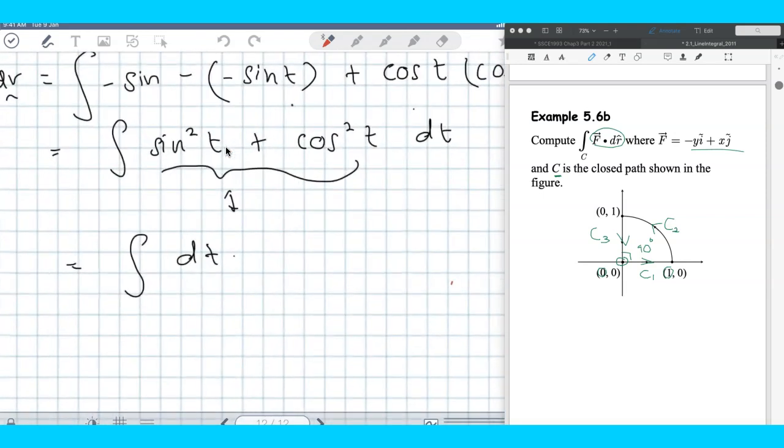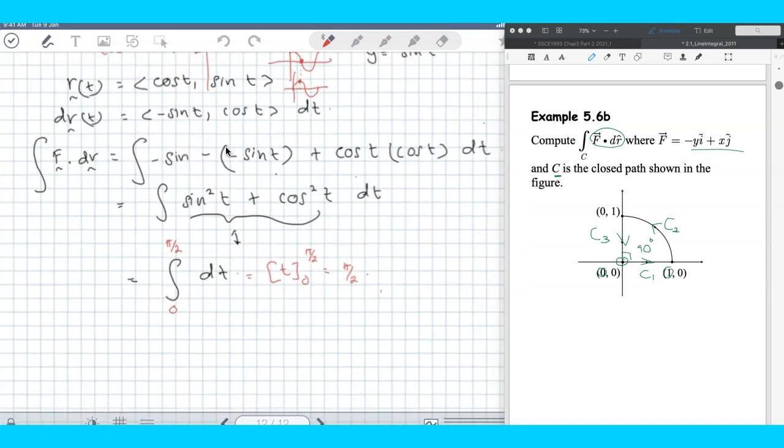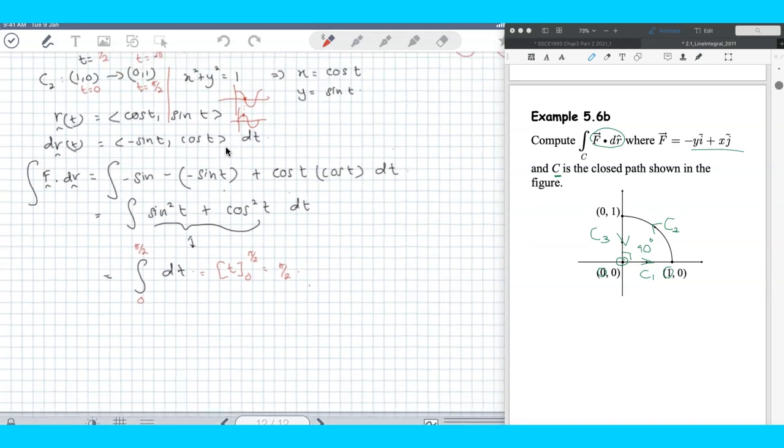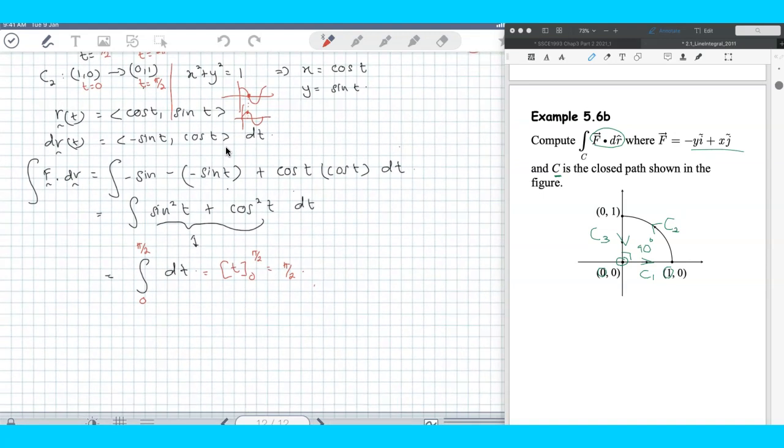So then you can have t from 0 to pi over 2. So t from 0 to pi over 2 will give you pi over 2. So this is your line integral for the C2. Okay, the C2, we got pi over 2.